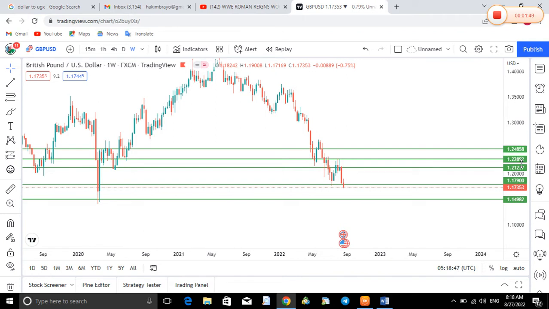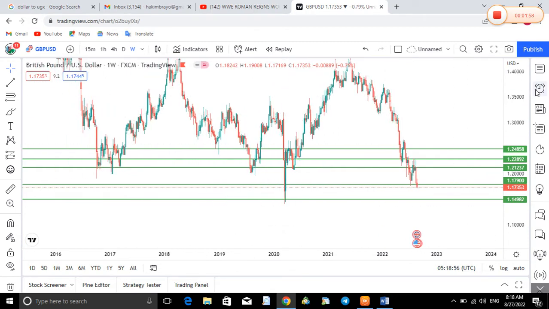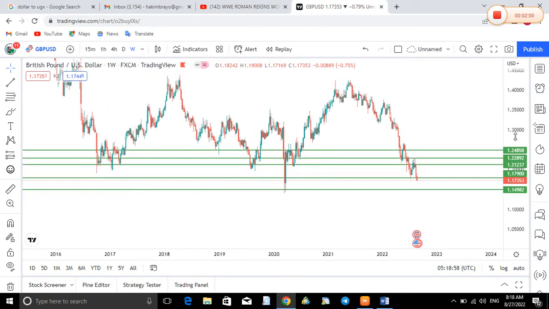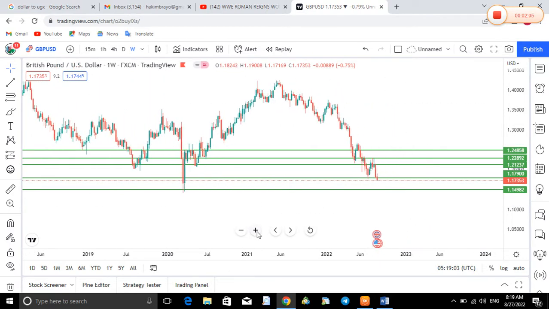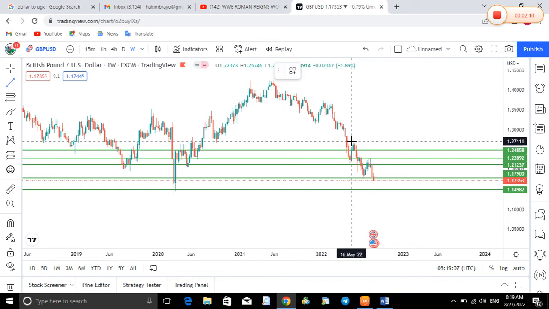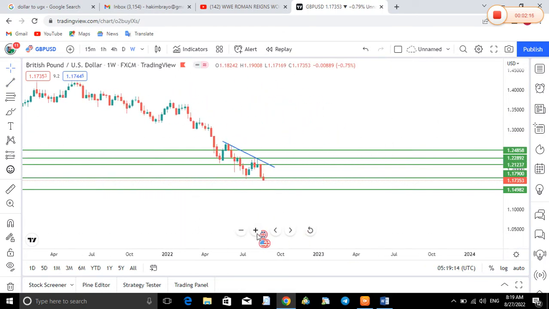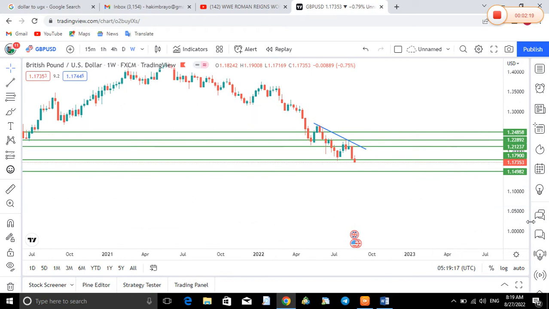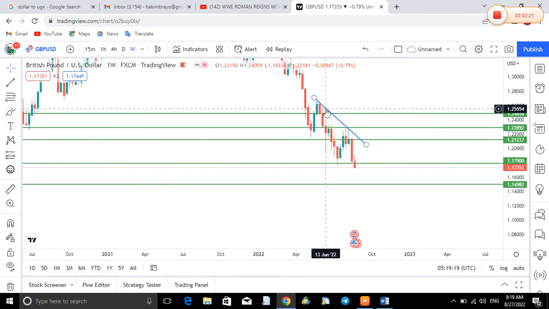Now the market has been dropping all the way from up here. If you try connecting these trend lines from this and this, this is our resistance level, where there was a lot of pressure from the sellers.